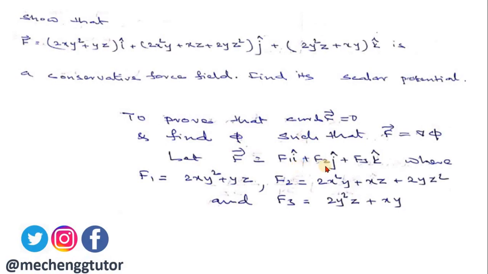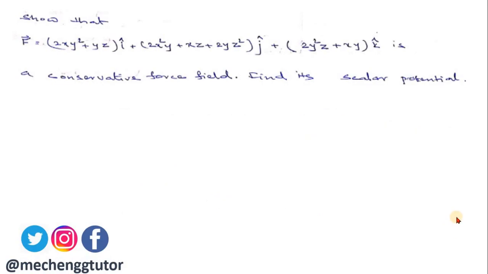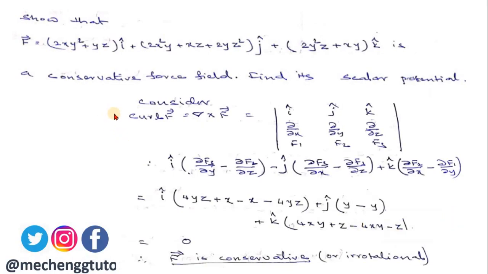Let F bar be equal to F1 i plus F2 j plus F3 k, where F1 is equal to 2xy² + yz, F2 is 2x²y + xz + 2yz², and F3 is 2y²z + xy. Now consider curl F, that is del cross F: i, j, k, dou by dou x, dou by dou y, dou by dou z, F1, F2, F3.